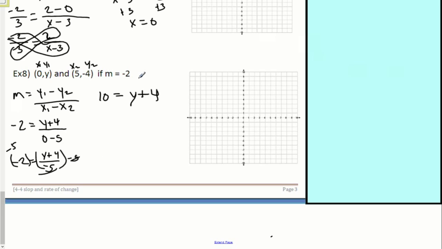All right, so I get 10 equals y plus 4, so add a negative 4 to both sides. 10 plus a negative 4 is 6, and I get y is 6.